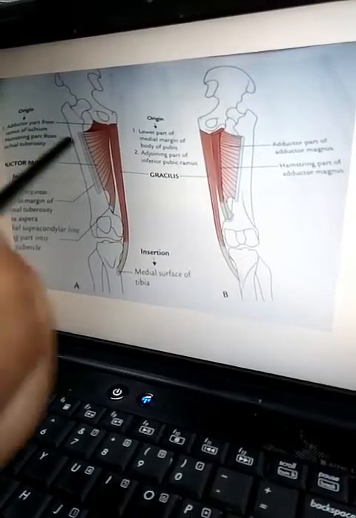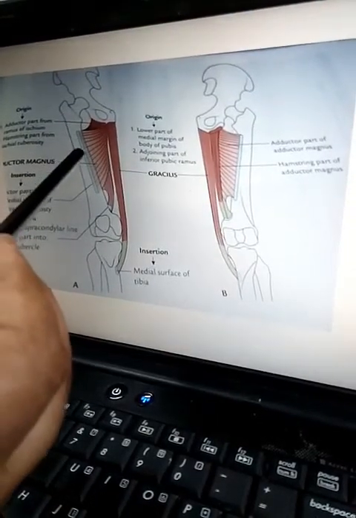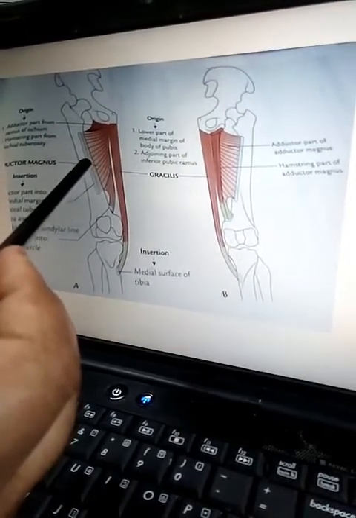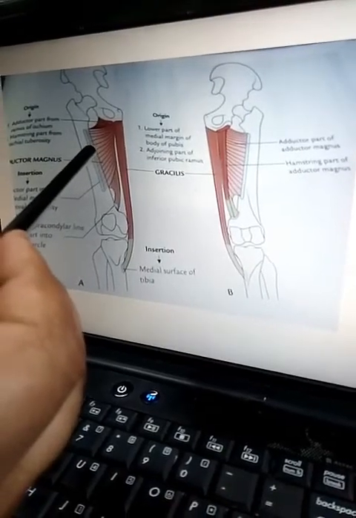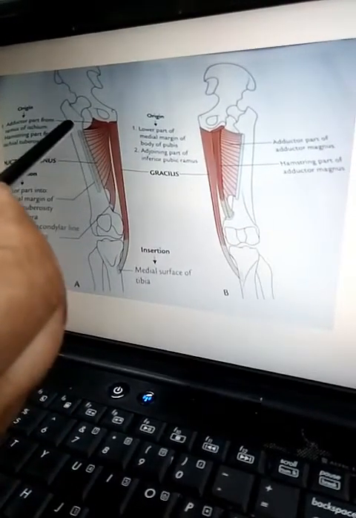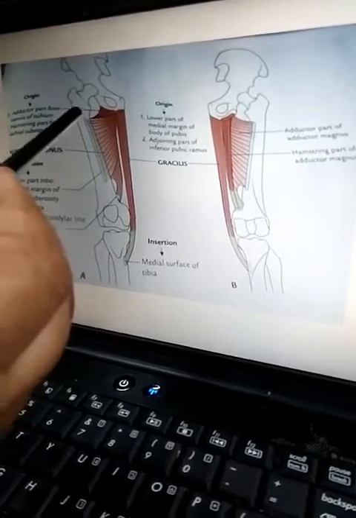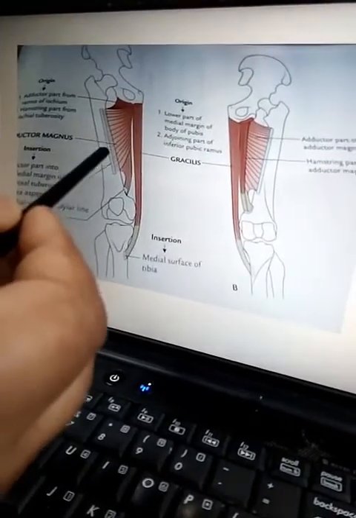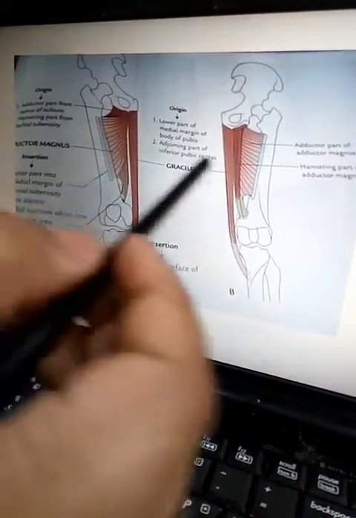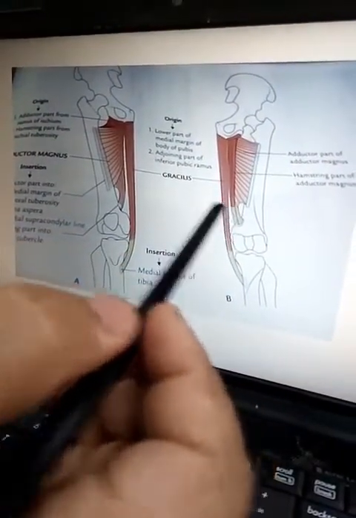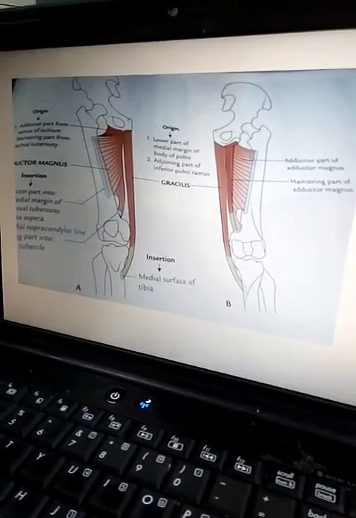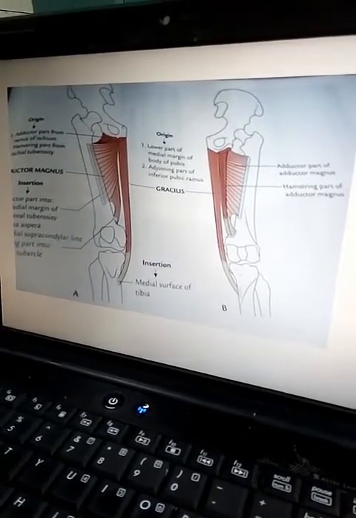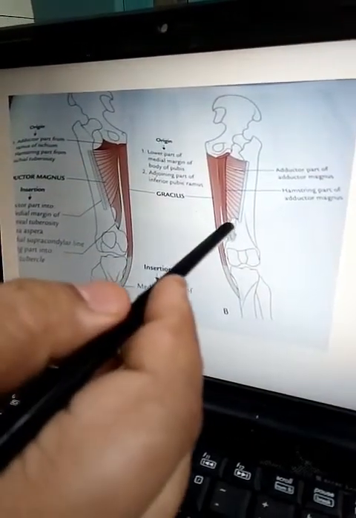The fibers of the adductor part pass obliquely downwards, backwards and laterally to be inserted in linear fashion into the medial margin of gluteal tuberosity, medial lip of linea aspera and upper part of the medial supracondylar line of the linea up to the adductor hiatus.